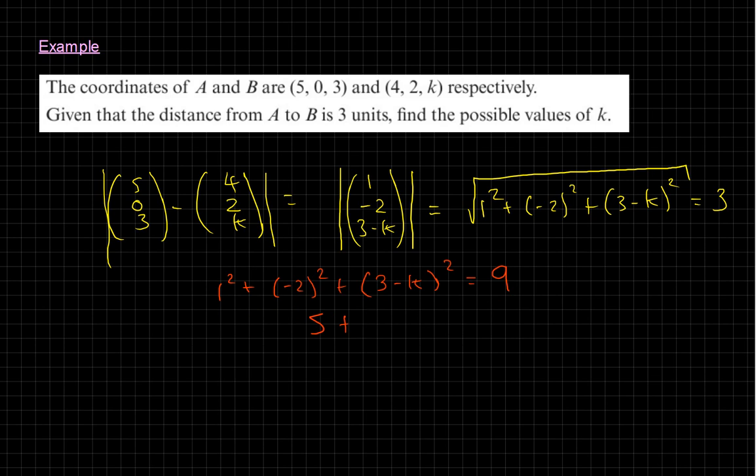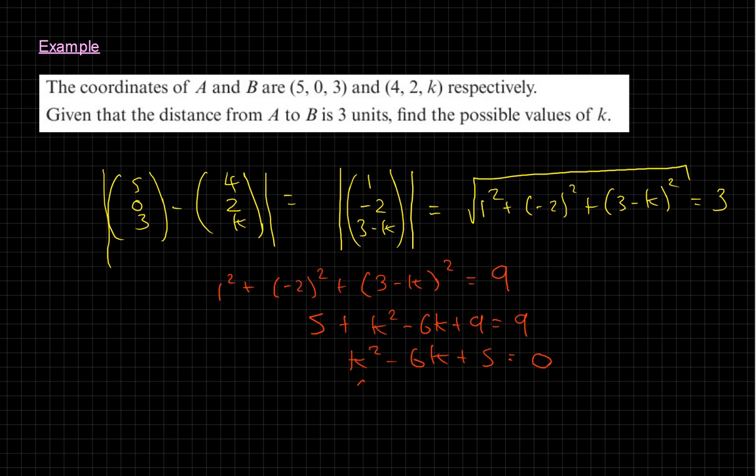Maybe we should multiply out. So if we do the multiplying out, we'll get k squared minus 6k plus 9. Okay, and then the 9s cancel nicely, so we can get rid of those.